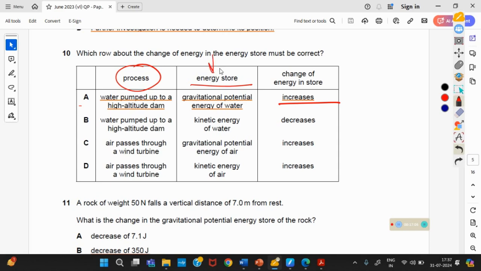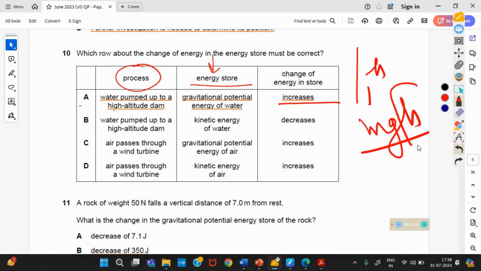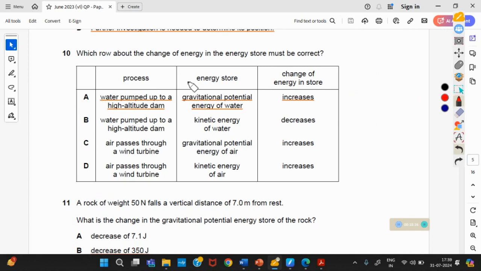Now, the water is pumped up to a high altitude, so h is basically increased, and the gravitational potential energy formula is mgh. So if h is increased, the energy will increase. So option A is the right one here.